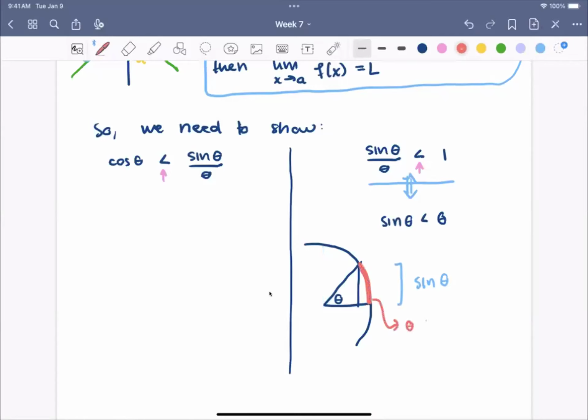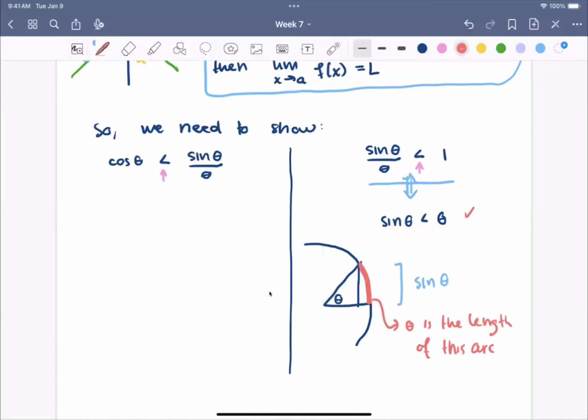So theta is the length of this arc. Okay, but of course, the length of that arc is going to be longer than the height of this line segment. Okay, so that's why we get that sine theta is less than theta.